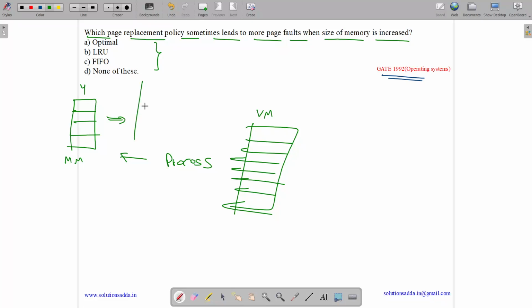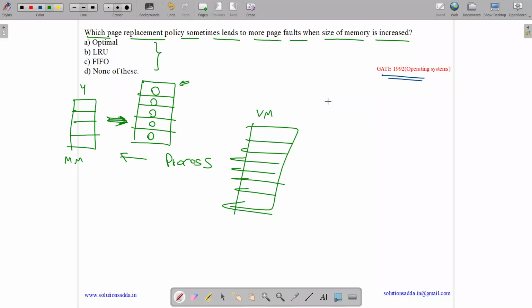Now if we increase the number of frames to 1, 2, 3, 4, 5, then common sense says that it should lead to fewer page faults, as there will be fewer chances of page fault since more pages can be accommodated. But there are some algos in which the number of page faults increases while increasing the number of frames.